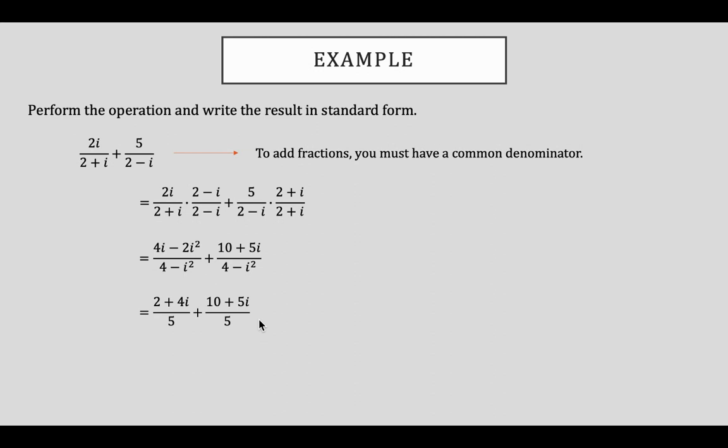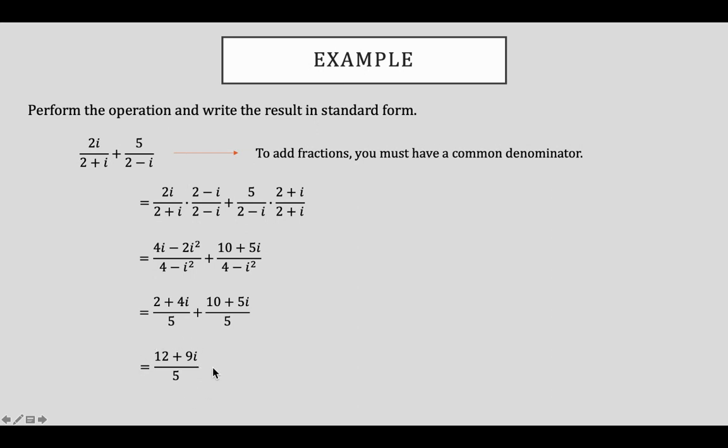And because we have a common denominator, we can now add our two fractions by adding the numerators and keeping our denominators the same. To add the numerators, all we have to do is combine our like terms. 2 plus 10 gives me 12. 4i plus 5i gives me 9i, leaving me with 12 plus 9i divided by 5.